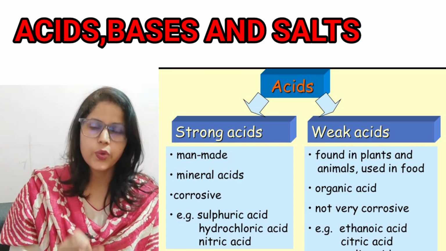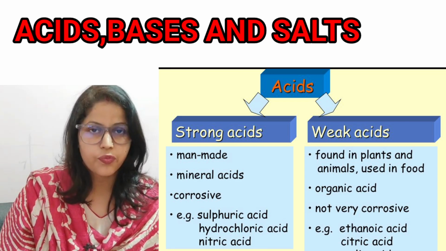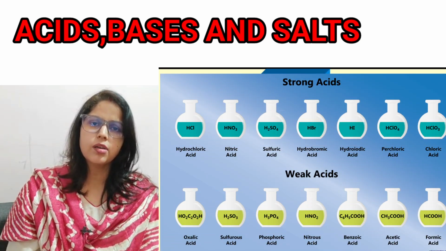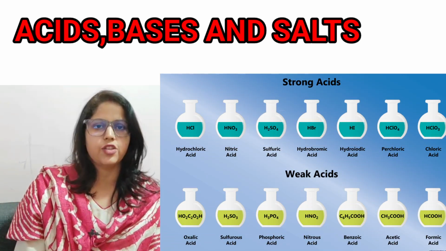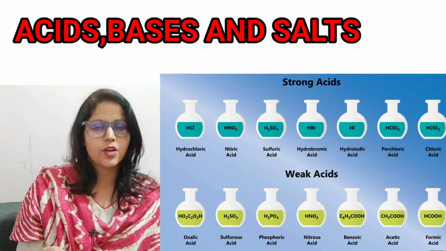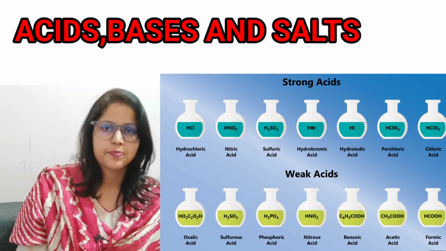Examples of weak acids are oxalic acid and citric acid. Basically all organic acids that we get naturally are weak acids, and mineral acids are strong acids.